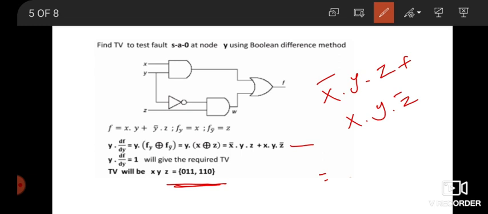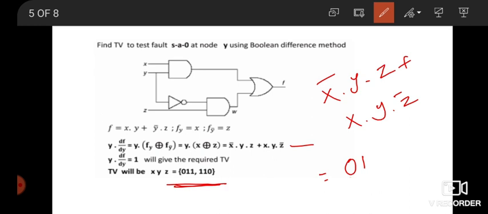What is x bar written in the form of Boolean value? x bar you can write as 0. From this term, converted into zeros and ones, x bar is written as 0, y is directly written as 1 because y is not complemented, and similarly z is written as 1.